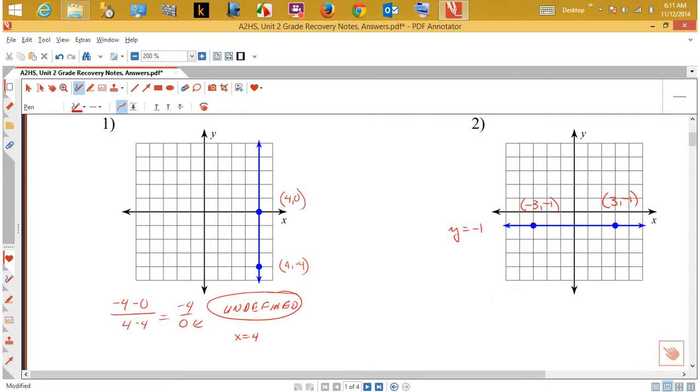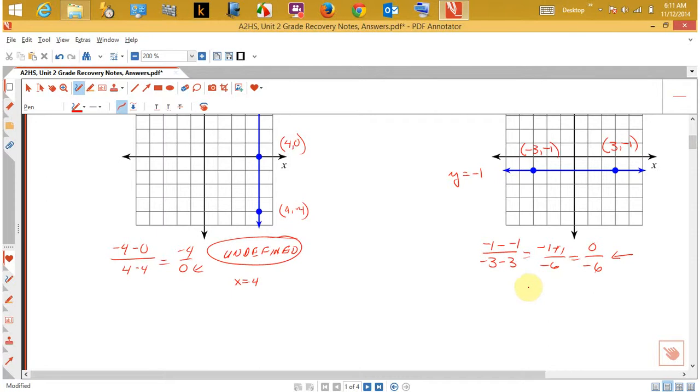The slope would be the difference of the y's, negative 1 minus negative 1, all over negative 3 minus 3. So that would be equal to negative 1 plus 1 all over negative 6, 0 all over negative 6. So this one has a 0 in the numerator. A 0 in the numerator just gives you a slope of 0. So remember, a 0 in the numerator is 0. A 0 in the denominator is undefined.